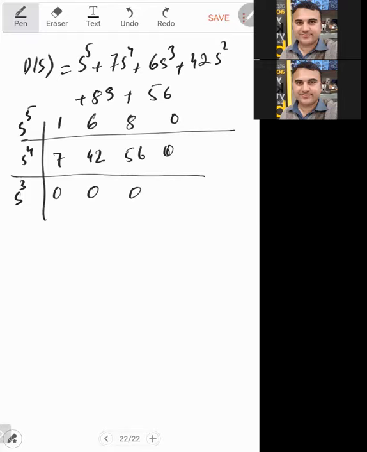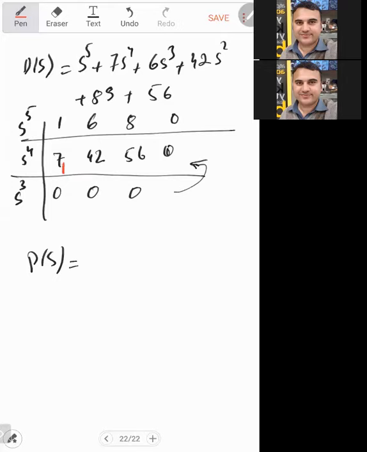So now what will happen? Just above this row we have which row? We have this row, and this row is now equal to what? P(s), because we said that the auxiliary polynomial will be equal to the row above the 0 row. If you take 7 as a common factor from this row, it will simplify things.